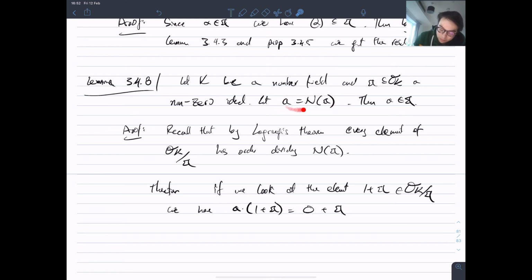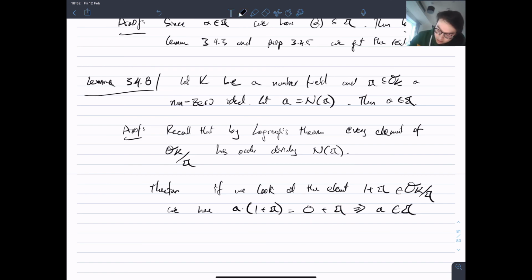So this is the size of my group. If I take this element, this isn't the identity element, this is an additive group, and I add it to itself a times, then by Lagrange, this has to be 0. It has to be the order of the group, which implies that little a is in my ideal A. I have 1 times this, write this out. This means that a is inside this ideal.